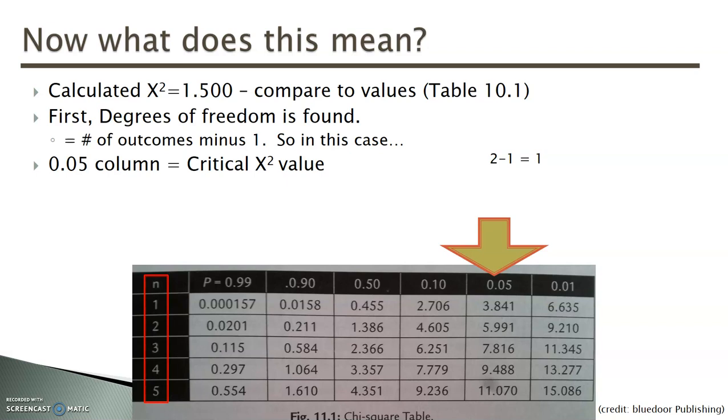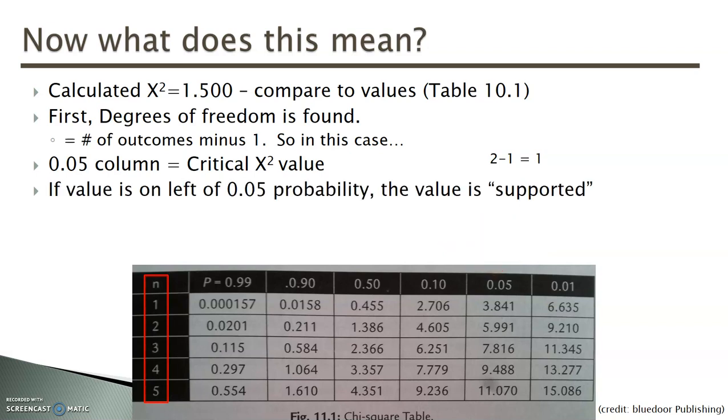In order for us to accept our data, we have to fall smaller than, lower than the 0.05 column on this table. This is what we call our critical chi-square value. If we are to the left of this, if we are at a smaller number than what is in 0.05, then we will accept our data.